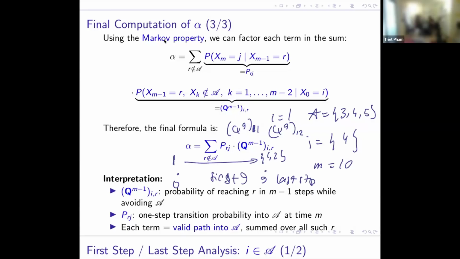In the first 9 steps, because I use Q^9 1,1 and Q^9 1,2, by construction, the chain will not hit 3, 4, and 5. Does that make sense? Because I use Q there.